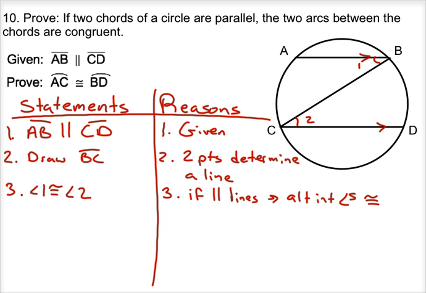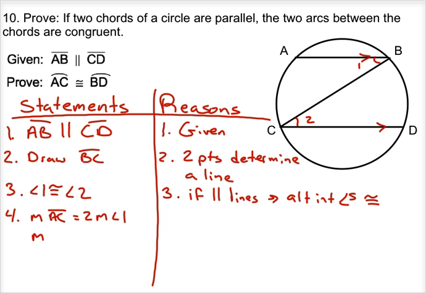Well, if angle 1 is congruent to angle 2, and I know that arc AC is twice the size of angle 1, and arc BD is twice the size of angle 2, I should be able to get that the arcs are the same size. So for step number 4, I'm going to write that the measure of arc AC equals twice the measure of angle 1.